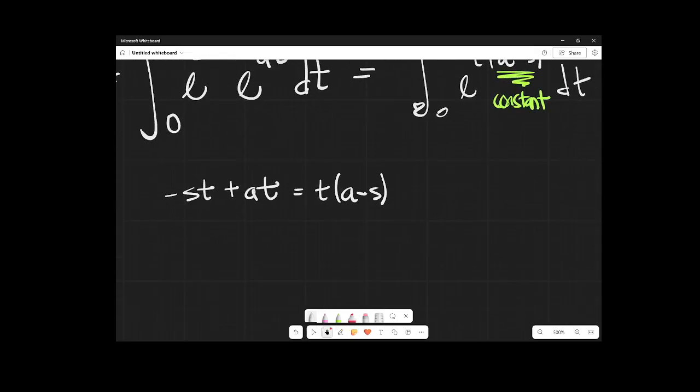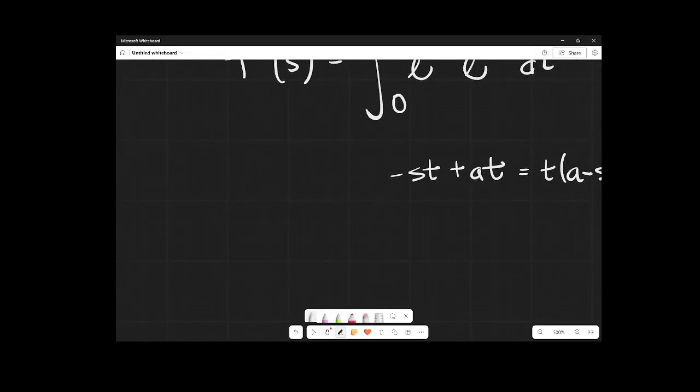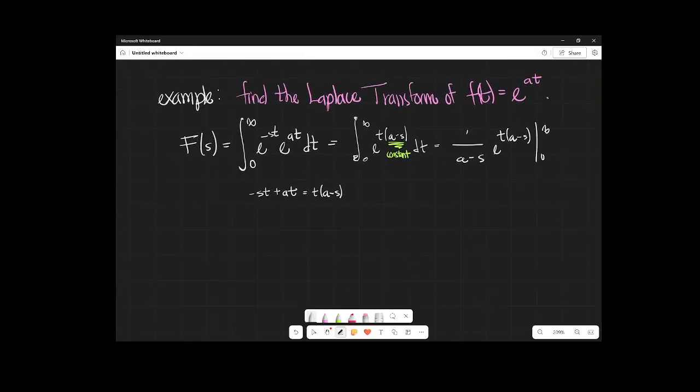Let's recast this in a different way. Let's say this equals 1 over a minus s times e to the t times a minus s, from 0 to infinity.